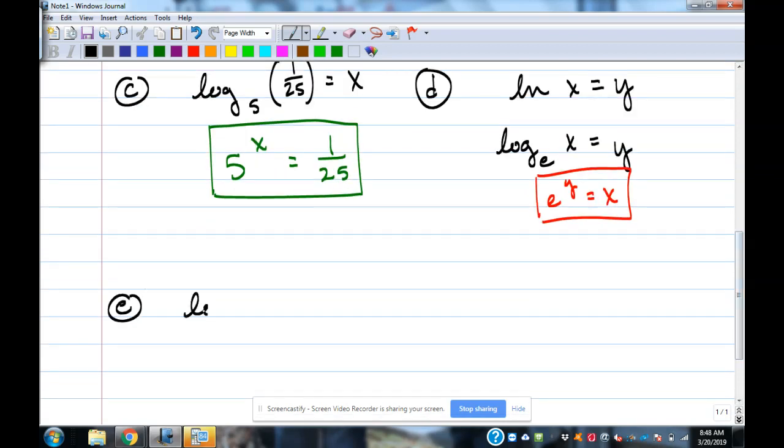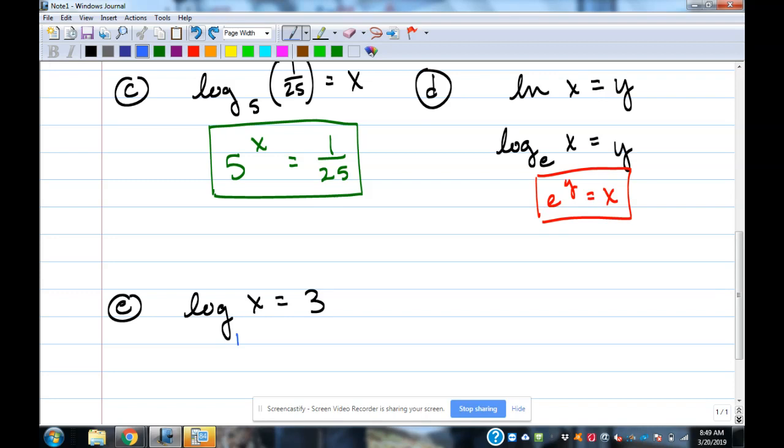Now here's the question: log of x is equal to 3. What's the base? Log base 10. If they don't write it there, it's an understood 10. And the reason it's an understood 10 is that we live in the base 10 number system in all of the modern world.